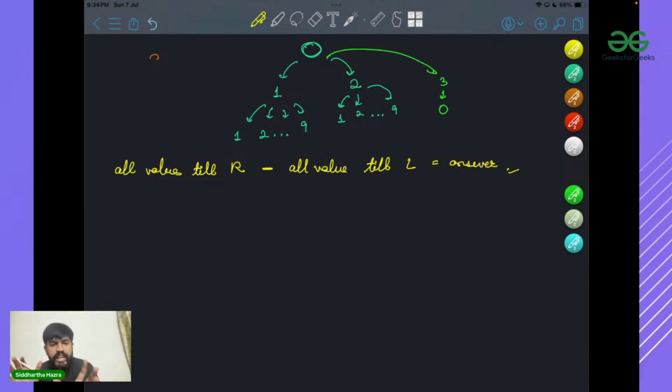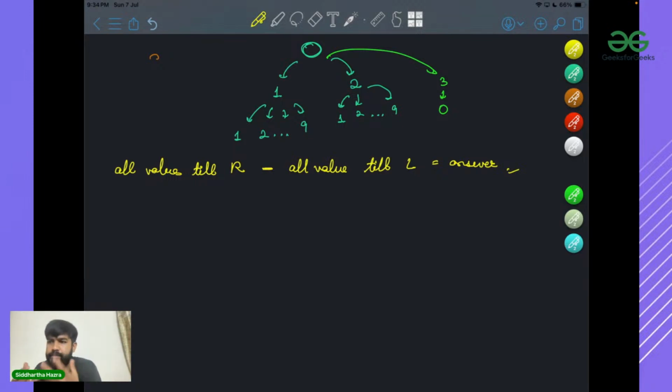Basically, you can also do it in one go, that is, you can directly compute the values from L to R, but in that scenario you need to take care of tights from two sides. This is the cunning implementation.